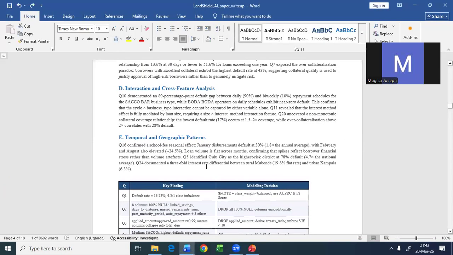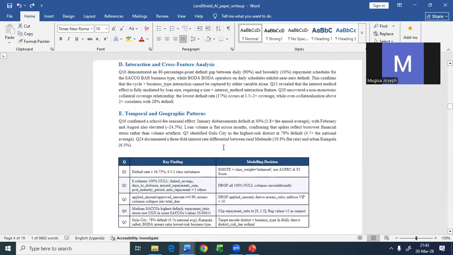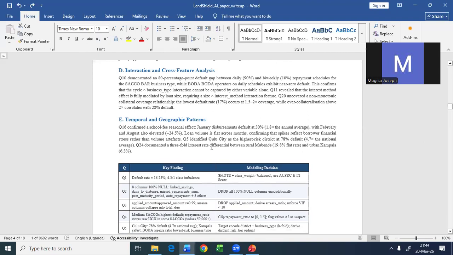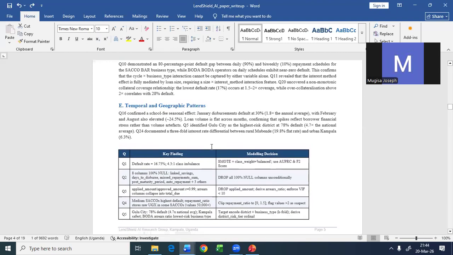So the likes of temporal and geographical patterns, we looked at them, whereby we found things like January disbursements are defaulting a lot. So we looked at the month and therefore identified January and February, and in Uganda, those are school fees months. So what did we come out with?